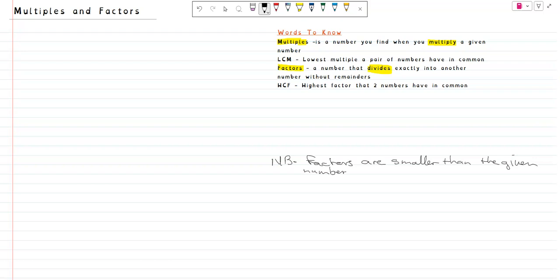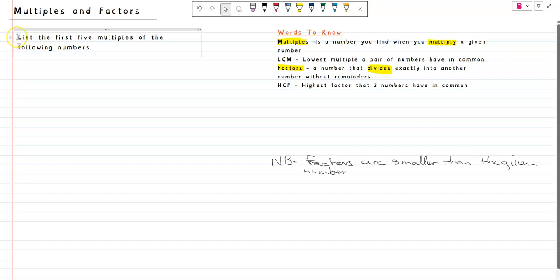It says here, list the first five multiples of the following numbers. That is question number 1.